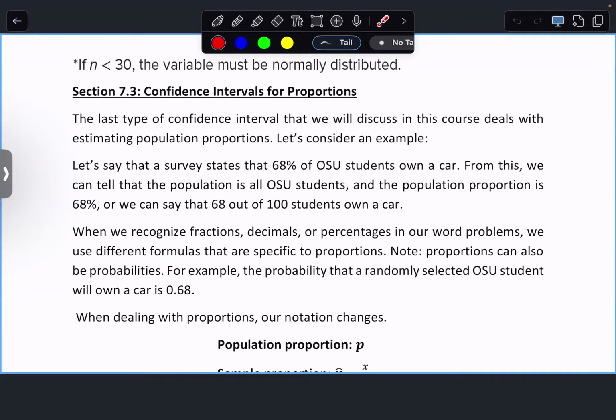So you rely on maybe the students in your class, that is your sample. Then you ask how many of you drive to school, then you get probably 10 students out of 20, and you use that to find your sample proportion. So that is the sample proportion that is estimating the population proportion.